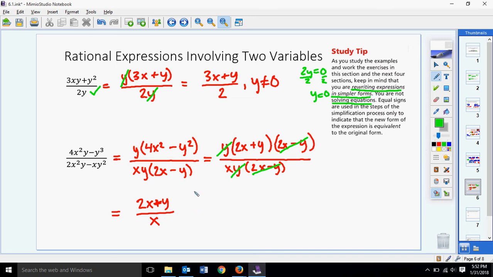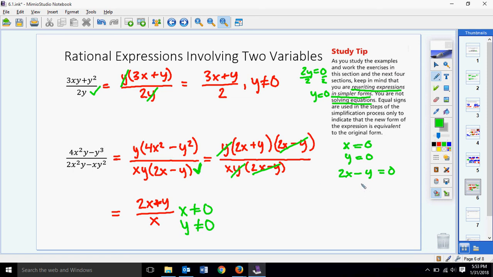Let's see if we have any domain restrictions. We're going to look at this first factored denominator. Remember, x could be 0, y could be 0, or 2x minus y could be 0. So x is already solved. We know x can't be 0. That's a domain restriction. Y is already solved, so y can't be 0. But now we have this equation here.